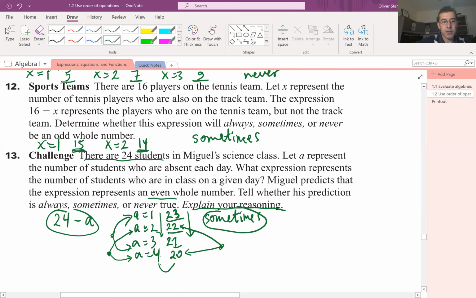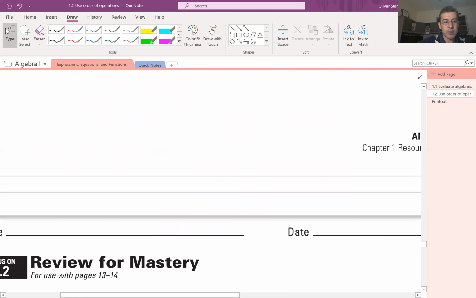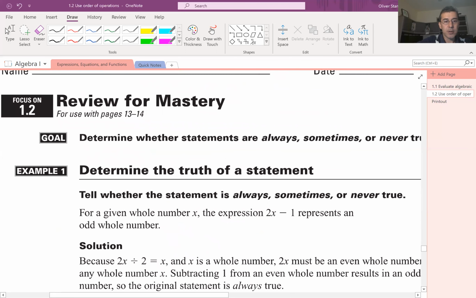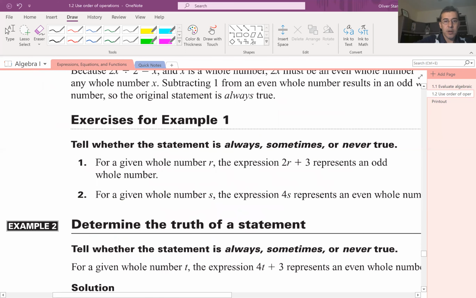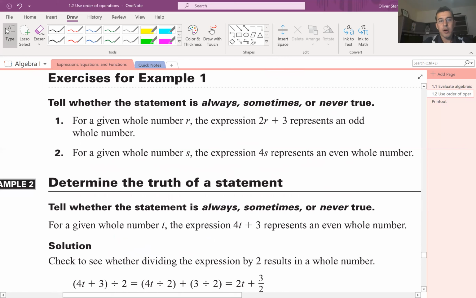And I believe we have 6 more questions from the Review for Mastery section. So they are similar in nature. For a given whole number r, the expression 2r plus 3 represents an odd whole number. We have to say if it's always, sometimes, or never true. So let's try a couple values.